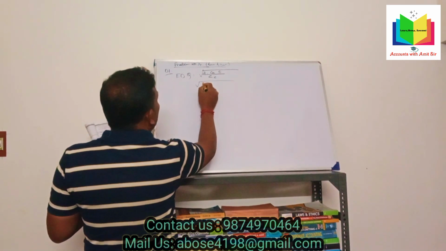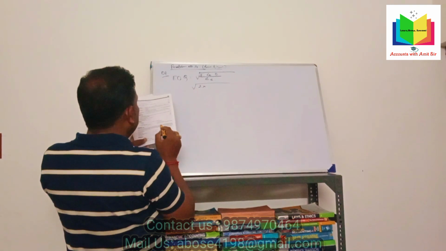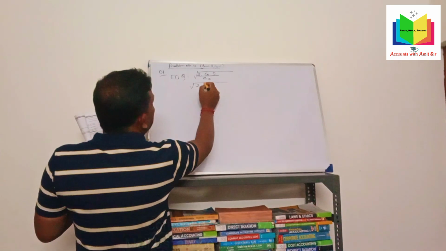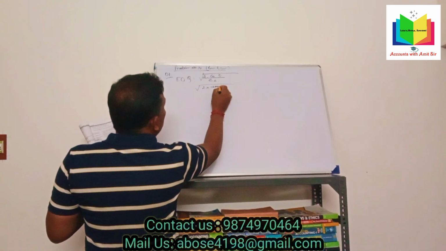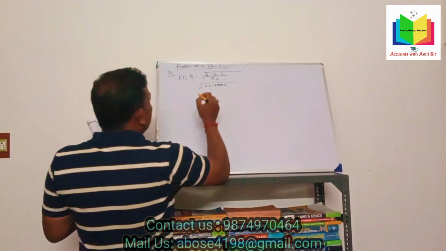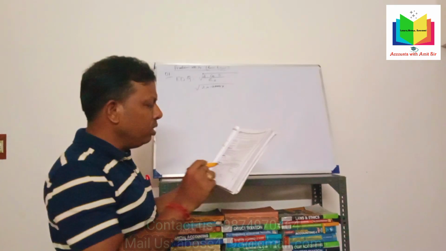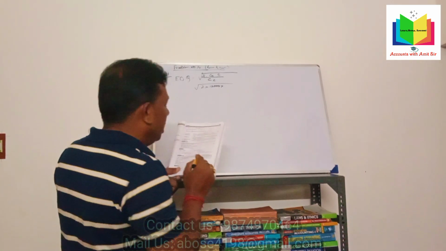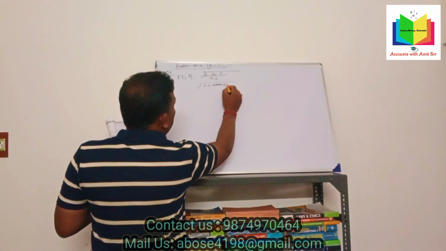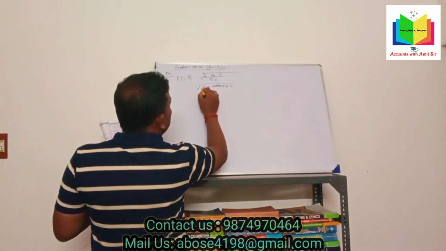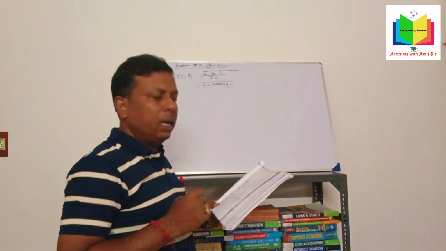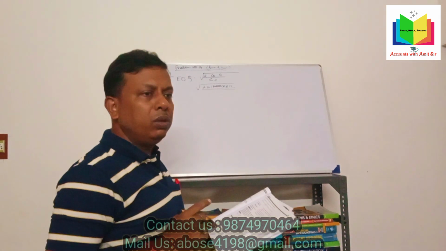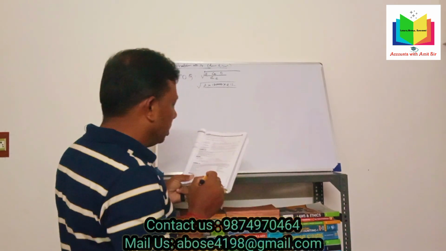Here CO is annual consumption, 12,000 units in 360 days. So 2 into 12,000 into O, meaning the ordering cost of placing an order, that is rupees 12 per order, divided by CC. CC means carrying cost of 1 unit including interest.